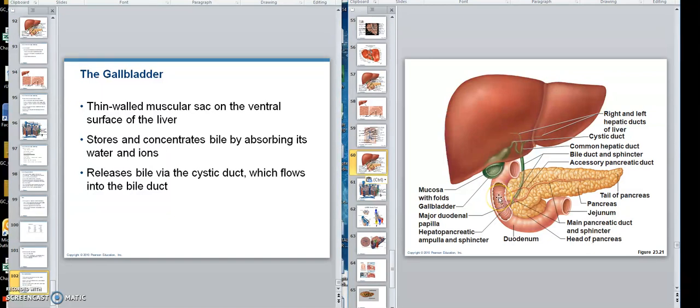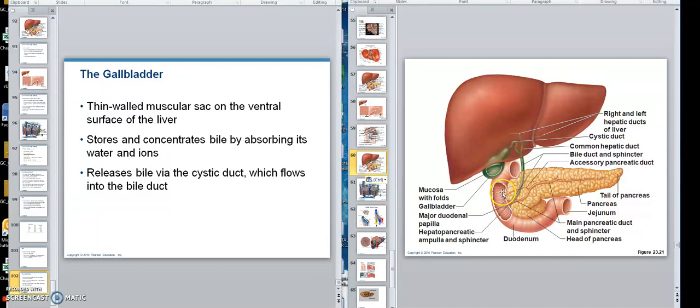CCK, cholecystokinin, causes the gallbladder to contract. So when fat gets into the small intestine, those cells recognize that fat is there and cause the gallbladder to contract to release the bile. All right, so that's what happens.